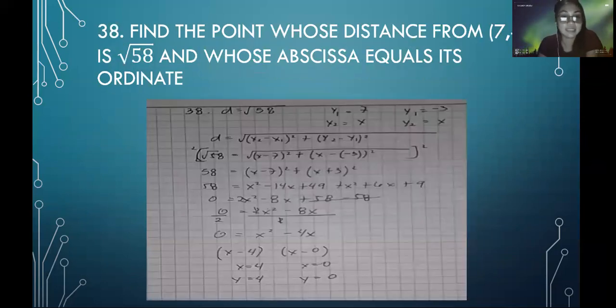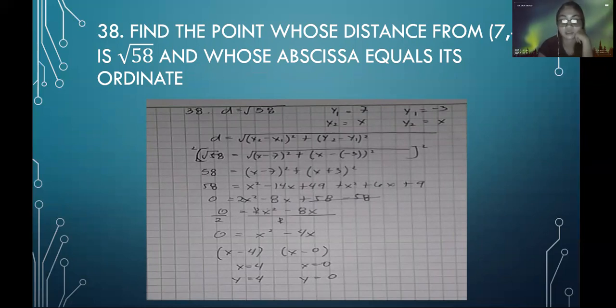Then the last one is number 38, which is: find the point whose distance from 7 and negative 3 is square root of 58 and whose abscissa equals its ordinate. So d here is equal to the square root of 58. Then x sub 1 is equal to 7, x sub 2 is x, y sub 1 is equal to negative 3, and y sub 2 is equal to x.